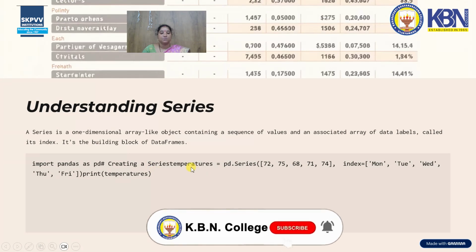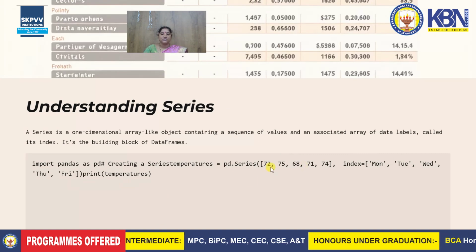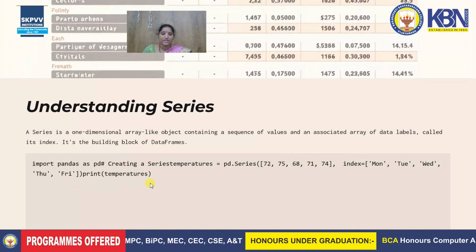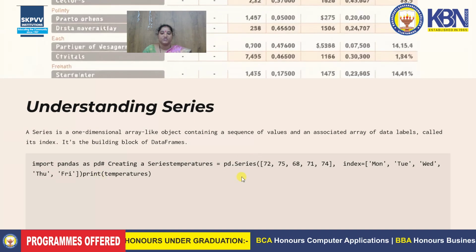In this example the temperatures are 72, 75, 68, 71, 74, and the index values are Monday, Tuesday, Wednesday, Thursday and Friday. So Monday's temperature is 72, Tuesday is 75, Wednesday is 68, Thursday is 71, and Friday is 74. Now we can print the temperatures.